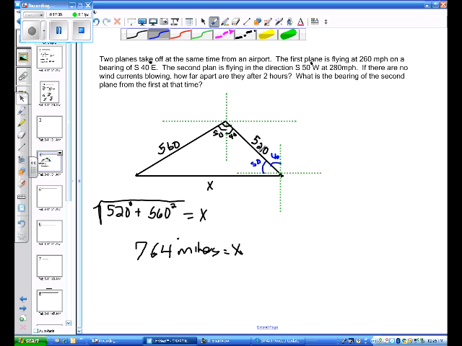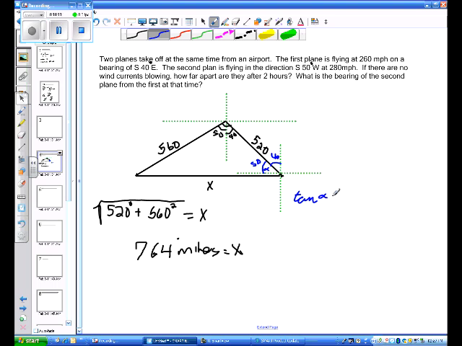Now what we're going to have to do is to find this whole angle, and we know that whatever we have beyond 50 degrees then was below our west line. So to find this angle, we know the opposite side, we know the adjacent side. So we can say the tangent, and we could call this alpha.